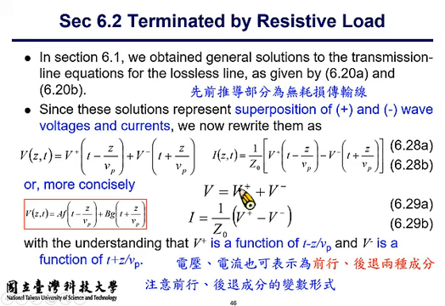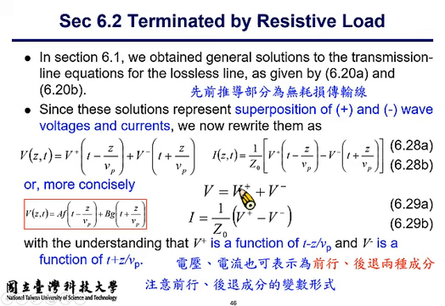So to simplify the expression, we can usually write the transmission line equations as 6.29a and b, that is, the total voltage V on the transmission line comprises the forward-going part V plus and the reverse-going or backward-going part V minus.